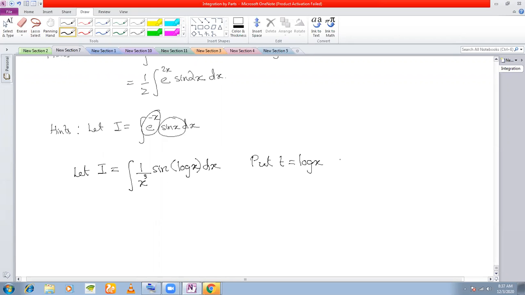So what you get as dt by dx? You get 1 by x. That means you get dt is equal to dx by x. Also, if you put t is equal to log x, then what does x become? x is equal to e to the power of t, right?